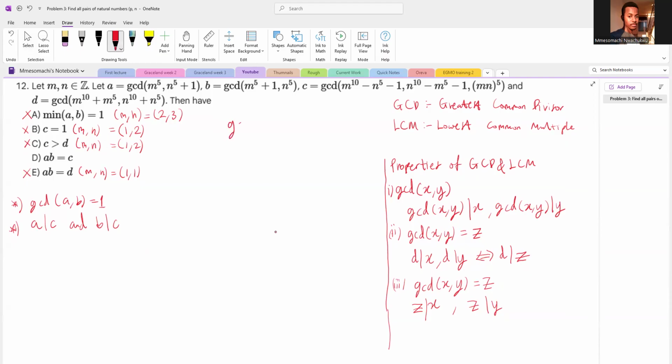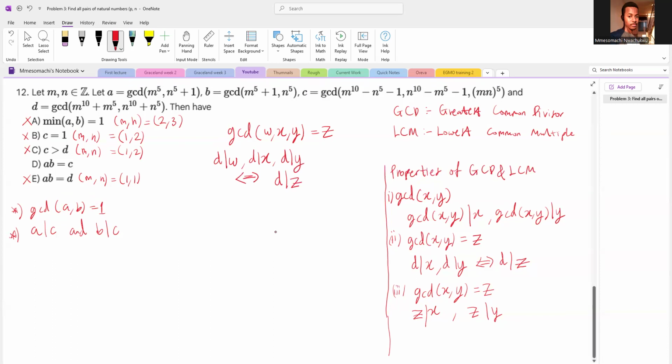The second property in the version of 3: let's say the GCD of W, X, Y equals Z. Then D divides W, D divides X, and D divides Y if and only if D divides Z. So let's use that here.